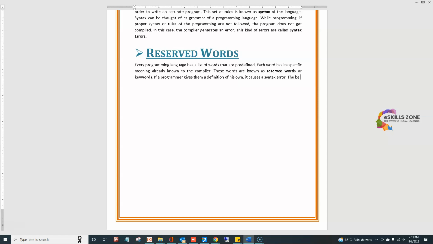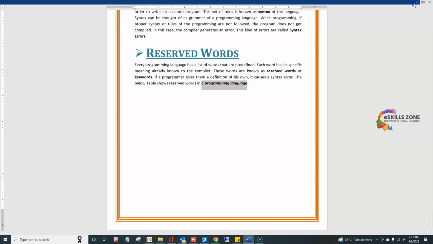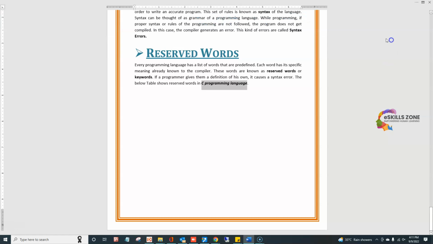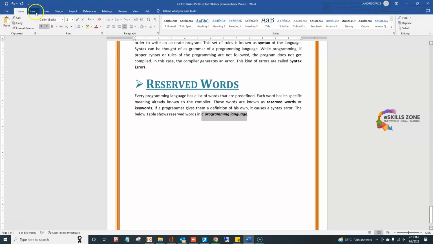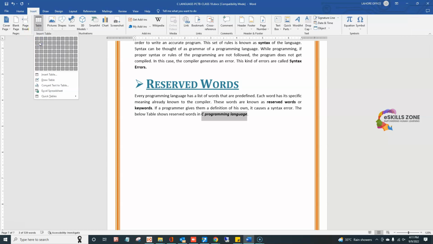The below table shows reserved words in C programming language. So we're going to draw a table. We'll go to insert, go to table, and then draw a table of 4 columns.